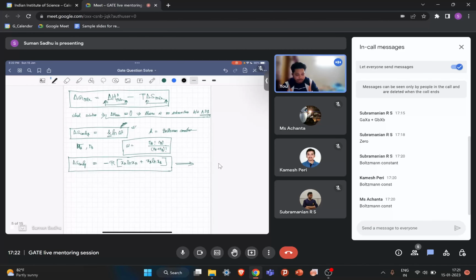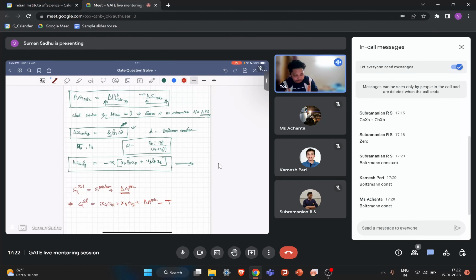So then how can we write G of solution? G of solution is G of the physical mixture plus delta G of mixing. So G solution is equal to x_A G_A plus x_B G_B plus delta G mixing, which is delta H of mixing minus T delta S of mixing.